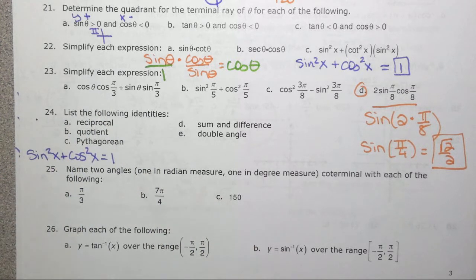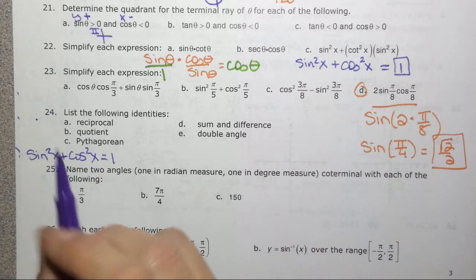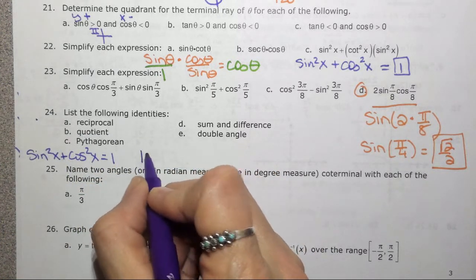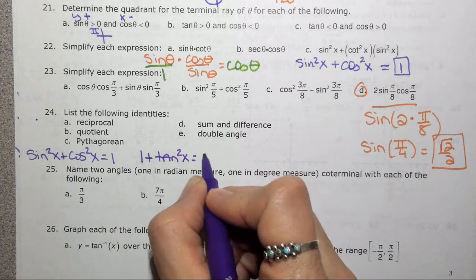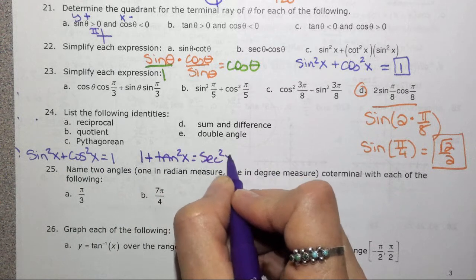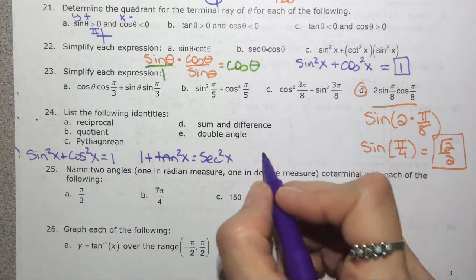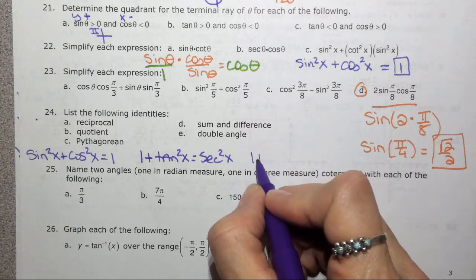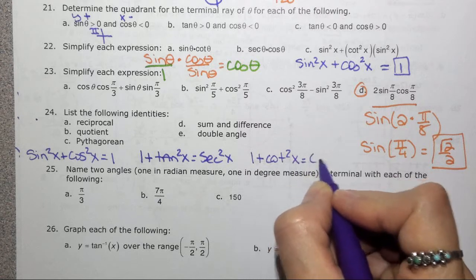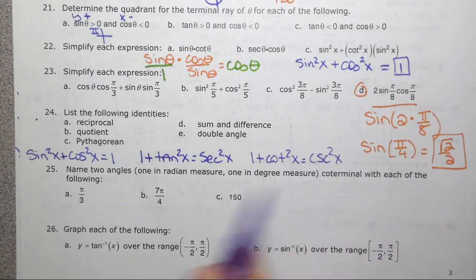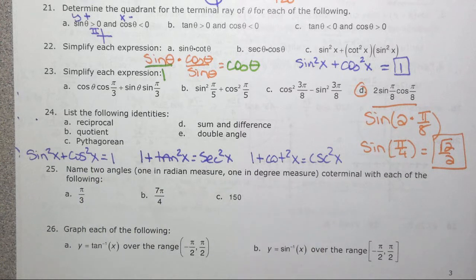He had the triangle head, and that reminded me of a squared plus b squared equals c squared. The second one that we learned was I tan and a second, so 1 plus tangent squared x equals secant squared x. I tan and a second. And the last one was I cut cheesecake. And these are my 3 Pythagorean identities. You will need to know those for your test.